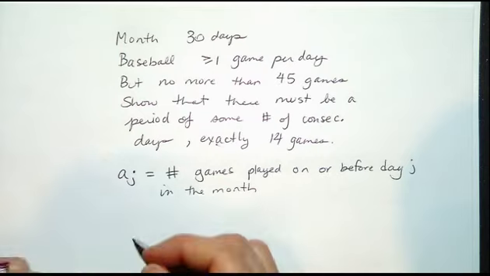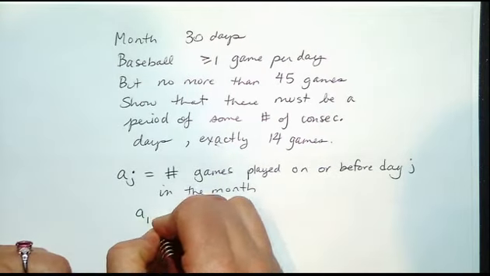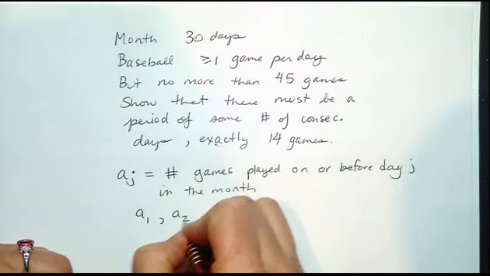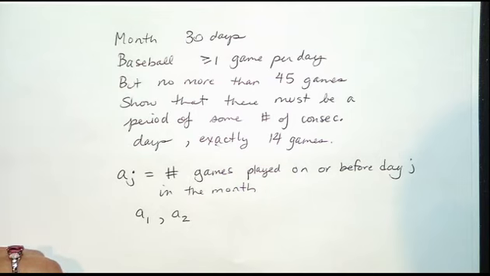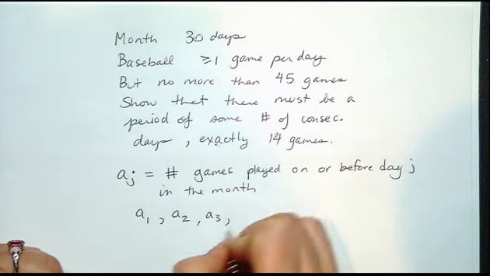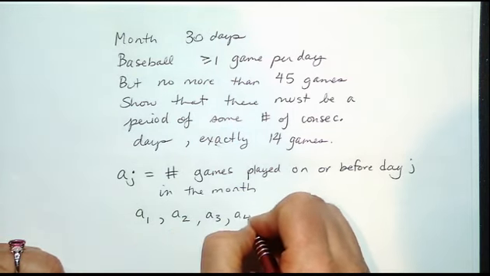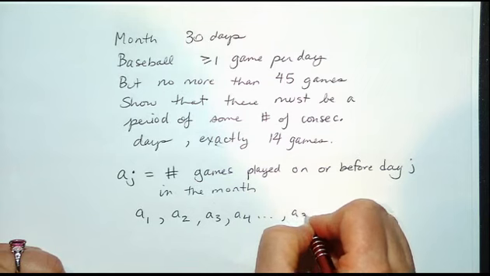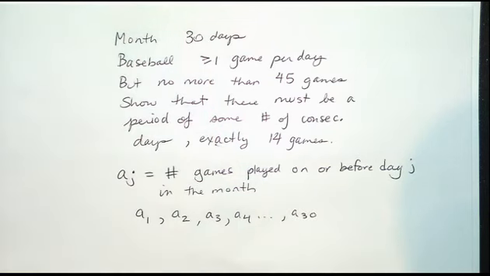So that means a_1 is how many games you played on day 1. a_2 is how many games you played on day 2 plus how many games you played on day 1. a_3 is the sum of the prior ones plus however many games you played on day 3, and so on. So we have a sequence of 30 numbers.